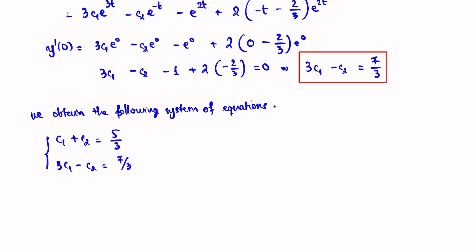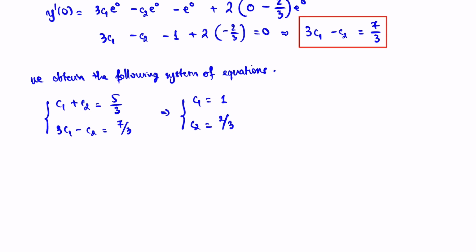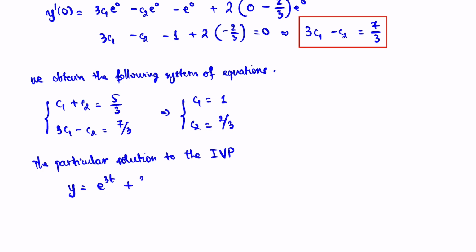And if we do the calculations correctly, you can get C1 to be 1 and C2 to be 2/3. And then plug that back into the general solution, you're going to get the particular solution to the IVP as y equal to e to the 3t plus 2/3 times e to the negative t plus negative t minus 2/3.